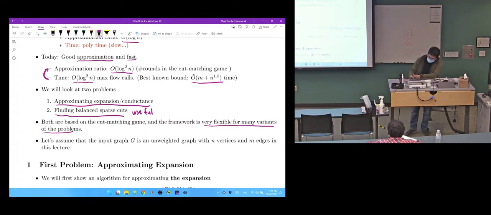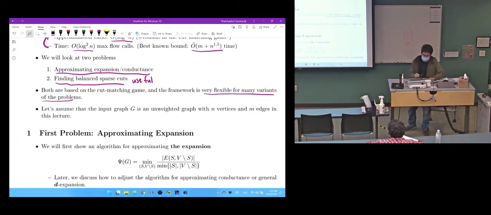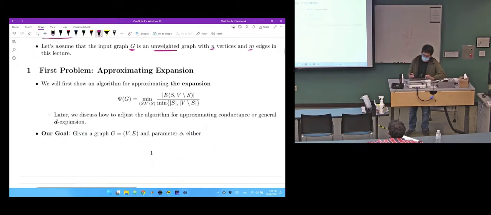And for today, let me assume that your graph is an unweighted graph, n is the number of vertices, and m is the number of edges. Okay. So let's start.